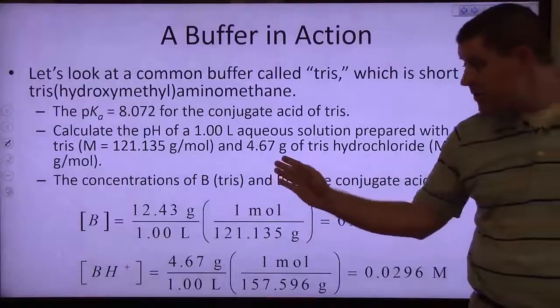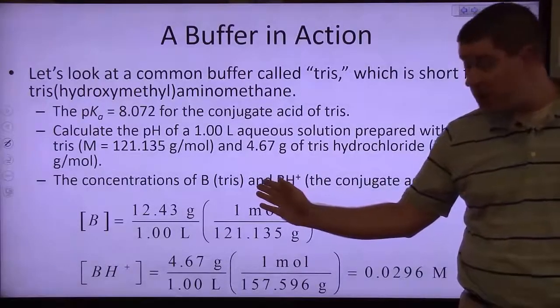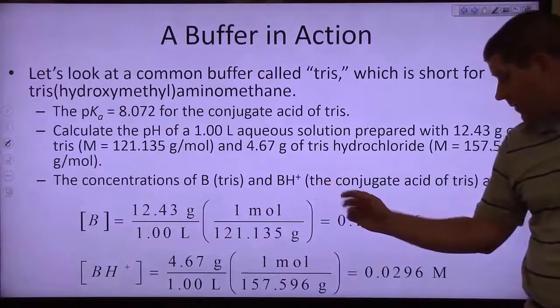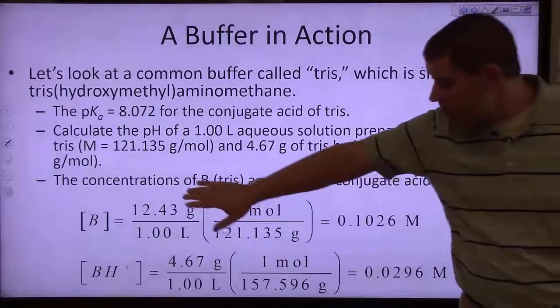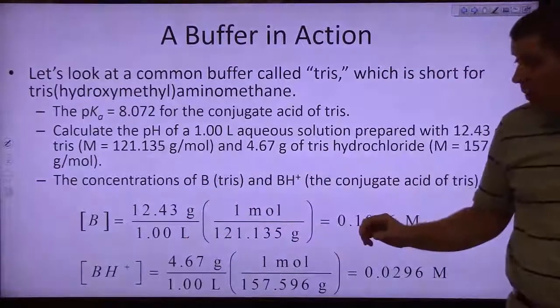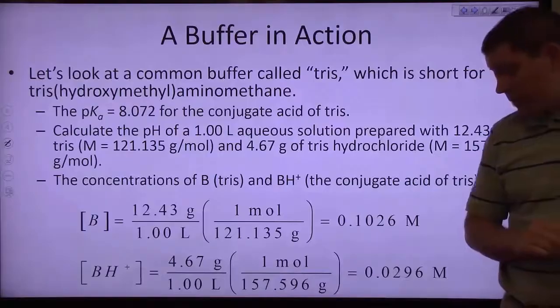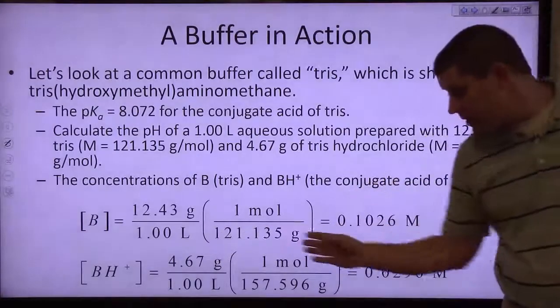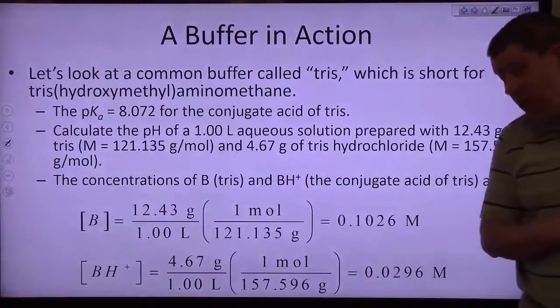Now the concentrations of our base, which is tris, and our conjugate acid of tris are given here. So the concentration of the tris, our base, is 0.1026 molar, and the concentration of this conjugate acid is 0.0296 molar.